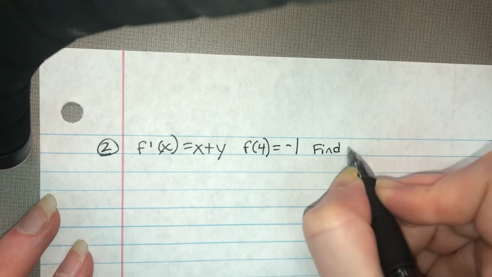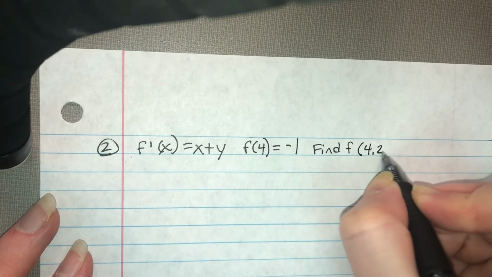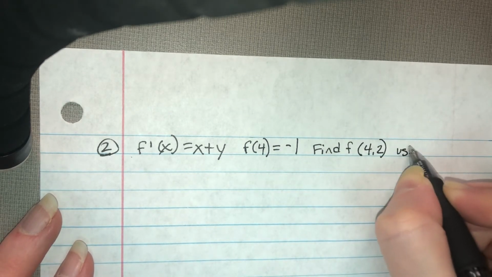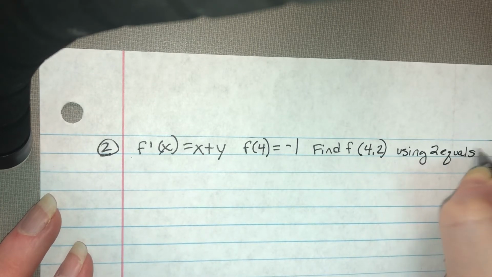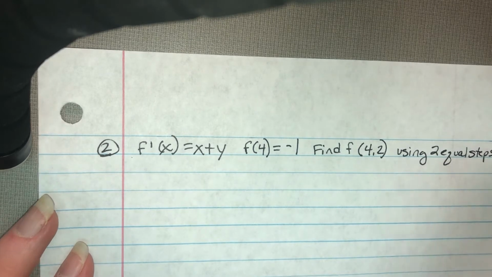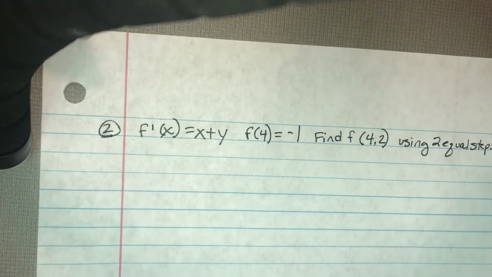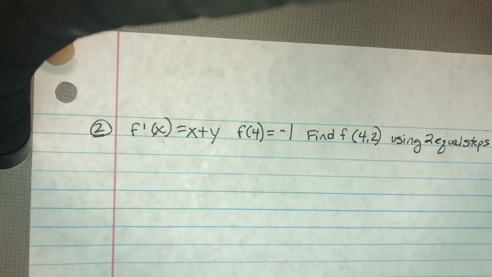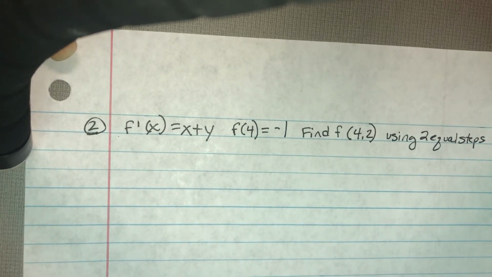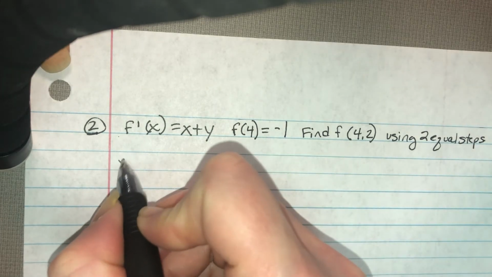Find f of 4.2 using 2 equal steps. So use Euler's method to approximate f of 4.2 using 2 equal steps. So this time they've switched us up to function notation, which is fine. We can do this using function notation.